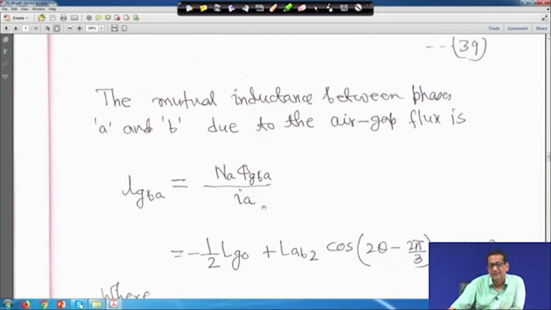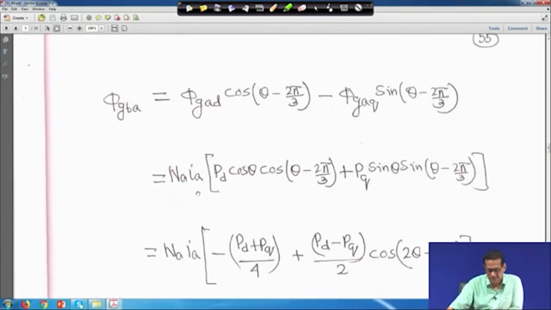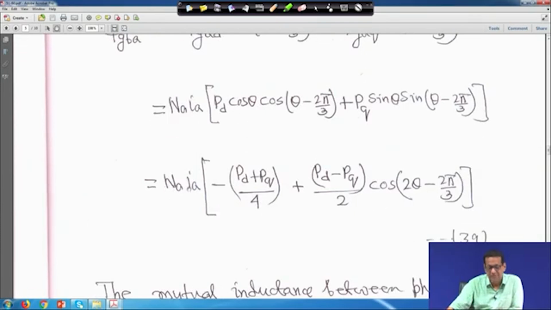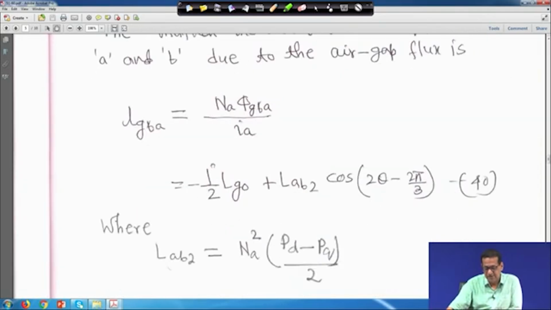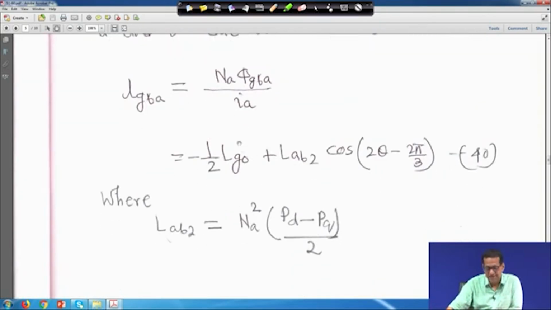So it will be N A phi G B A upon I A. If you substitute the expression, I A will be cancelled, and after simplification we can write that L G B A will be minus half of L G 0 plus L A B 2 cos of 2 theta minus 2 pi by 3. This is equation 40, where L A B 2 will be N A square into (P D minus P Q) upon 2. You substitute and simplify.